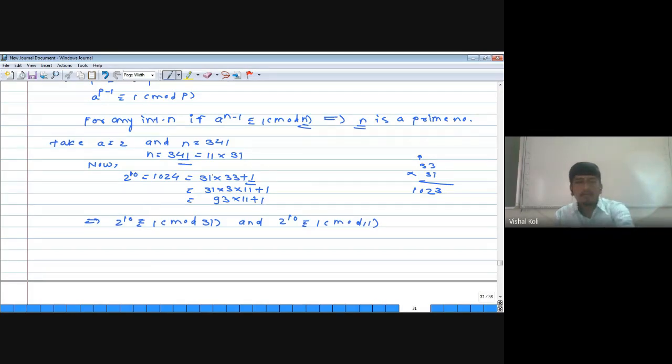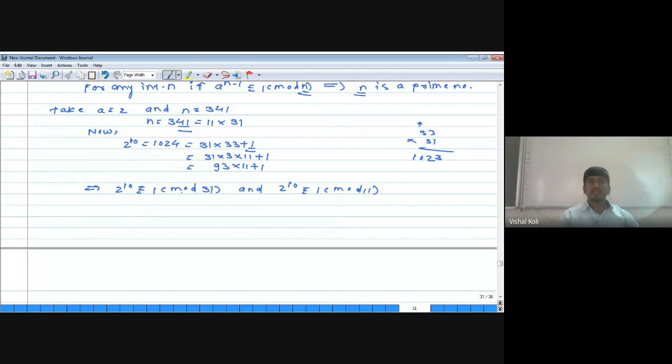Now as 2 to the power 10 is congruent to 1 modulo 31, multiply both sides by 2: 2 to the power 10 into 2 is congruent to 2 modulo 31. That is, 2 to the power 11 is congruent to 2 modulo 31, and the same for 11, where we have 2 to the power 10.